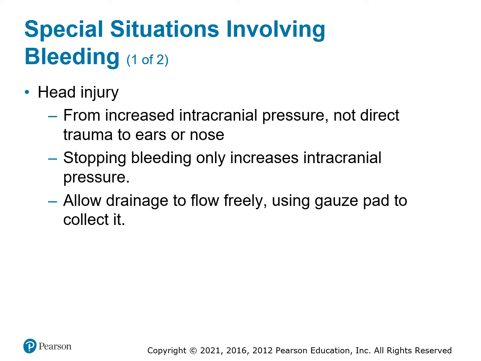But again, this is specific only to head injuries. If there's bleeding anyplace else, you're going to have to control it, especially if it's a life threat type of bleed. But head injuries do fall into that little bit of a special situation that you have to be cognizant of.